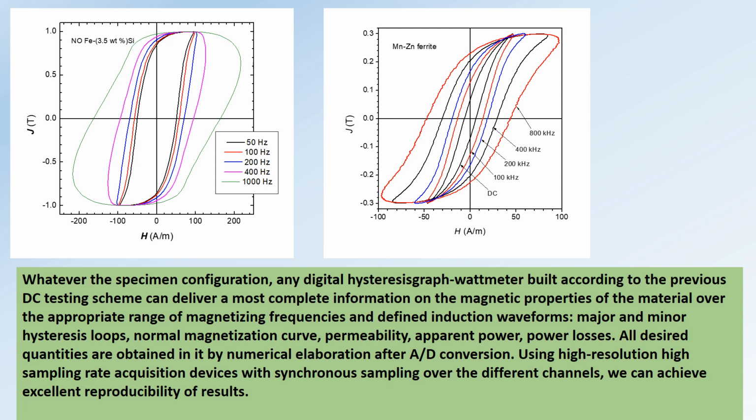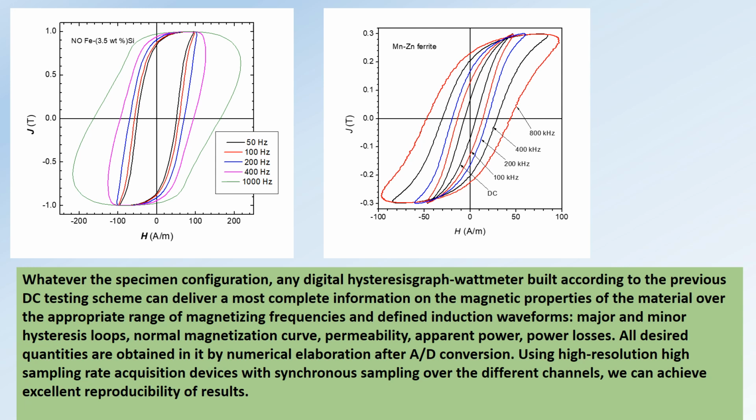All desired quantities are obtained by numerical elaboration after analog digital conversion, using high resolution, high sampling rate acquisition devices with synchronous sampling over the different channels. We can achieve excellent reproducibility of results.